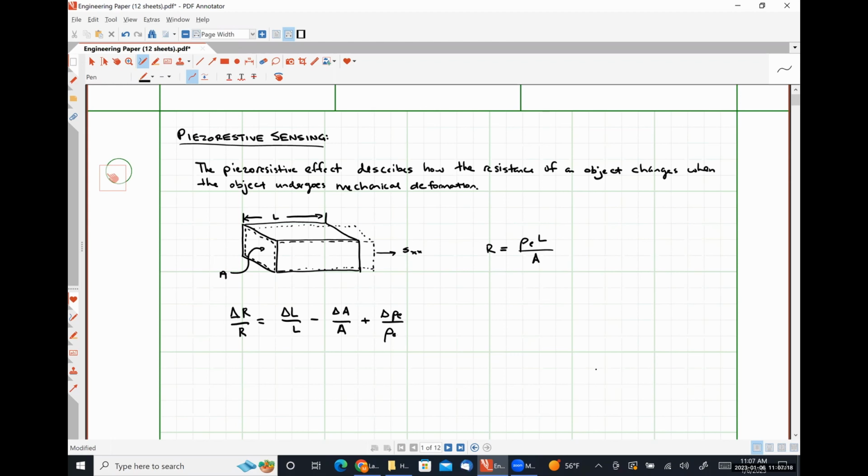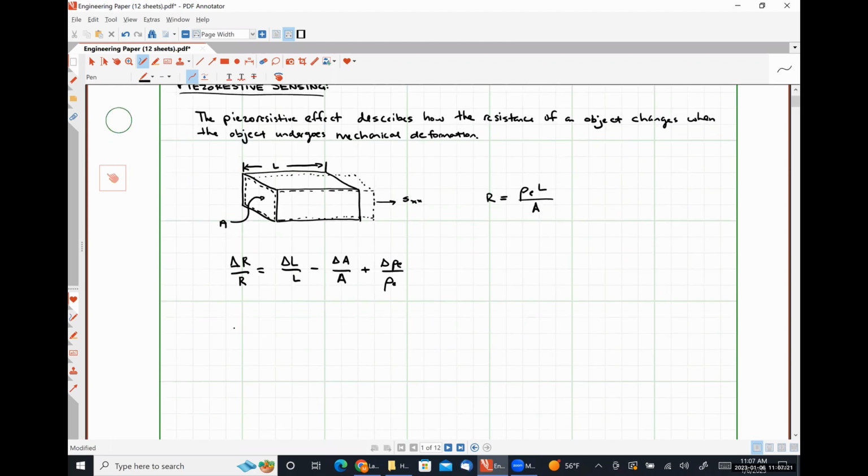So we are going to define a piezoresistive coefficient, pi, as the fractional change in electrical resistivity per unit stress, or fractional change in resistivity divided by the Young's modulus times our strain, okay?